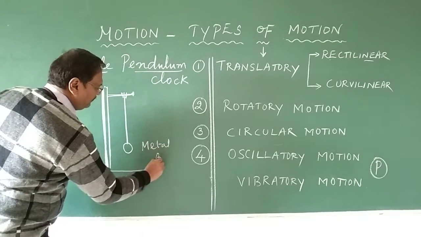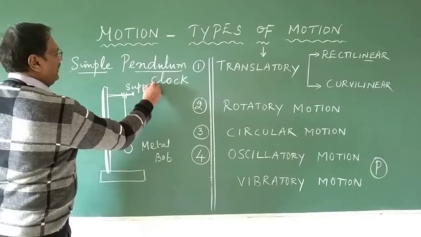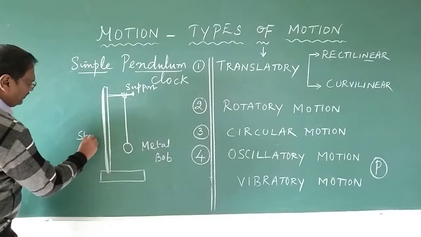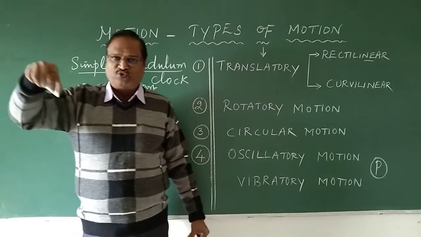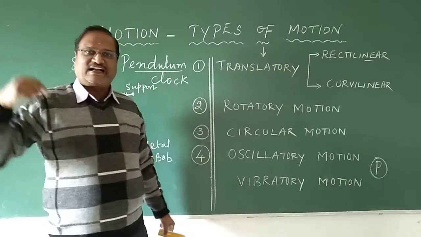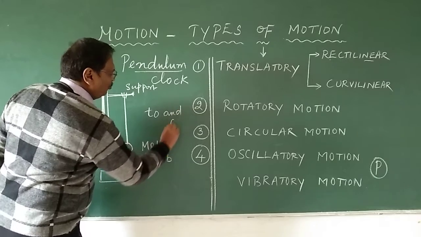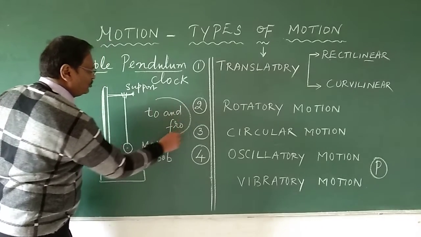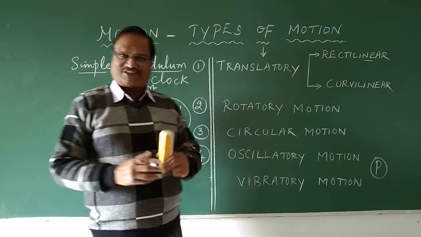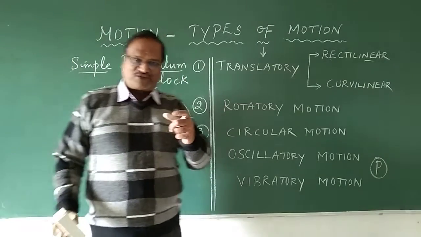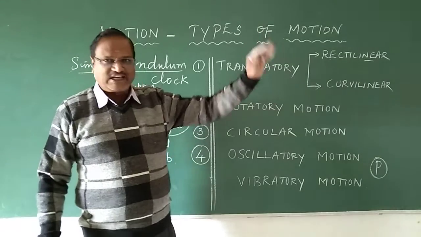This is a support and this is a stand, and you can move the bob to and fro, back and forth. This to and fro motion is called oscillatory motion. In oscillatory motion, the body goes to and fro, goes one side, and comes back.